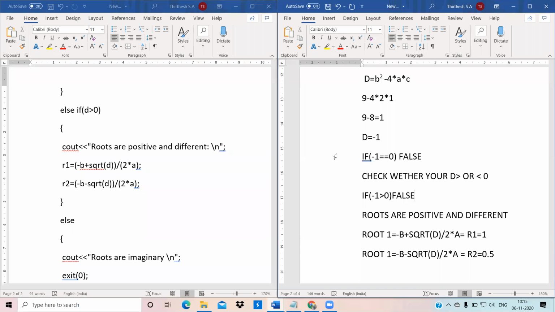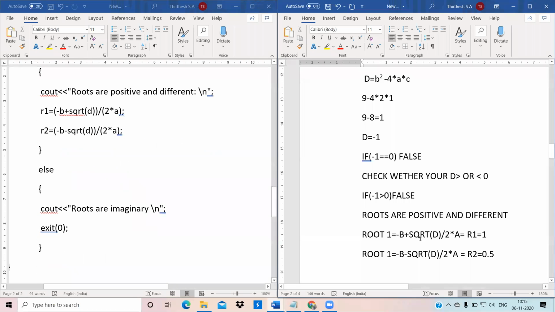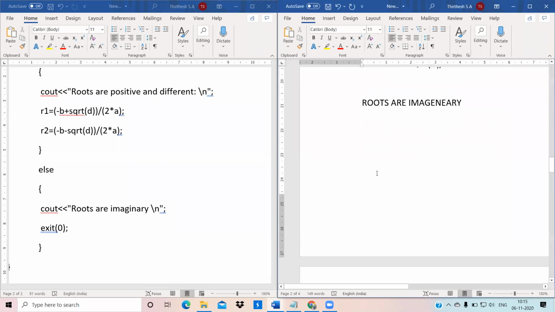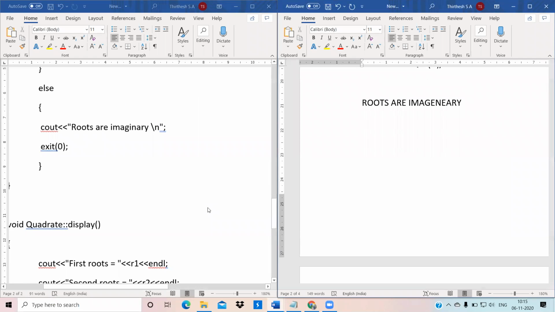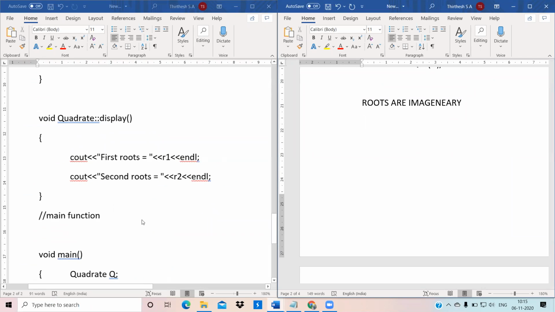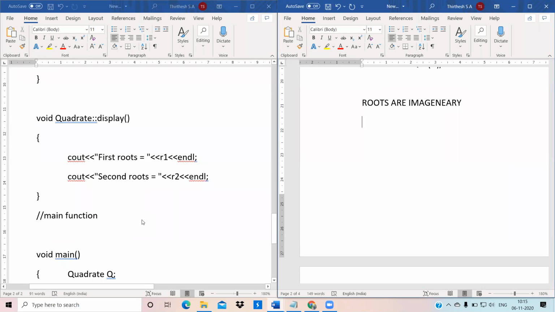So then you are going to just print, roots are imaginary, and you're going to come out of the loop, and you're going to print first root and second root to display the different roots present in your list.